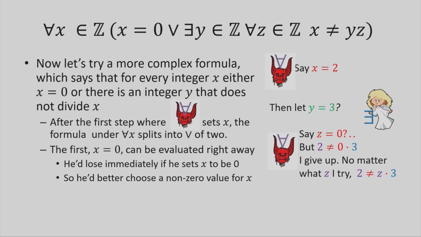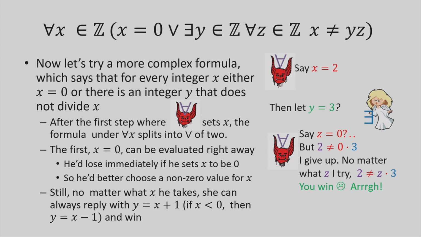He gives up. So you see, in this case, she had a strategy to win no matter what he picks, because in this particular situation, picking a 0 would result in him losing right away, so he couldn't pick the 0. And 0 was the value for x that allowed him to win the previous time.